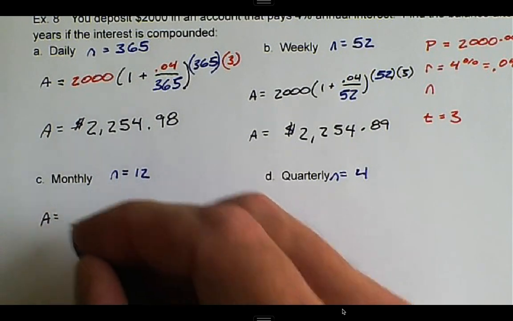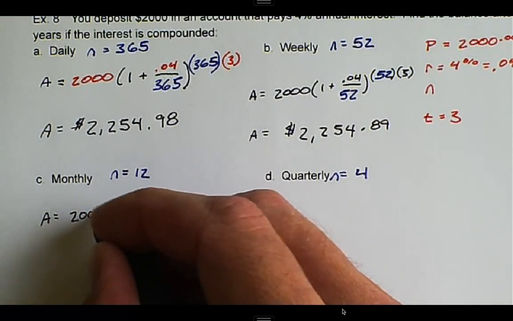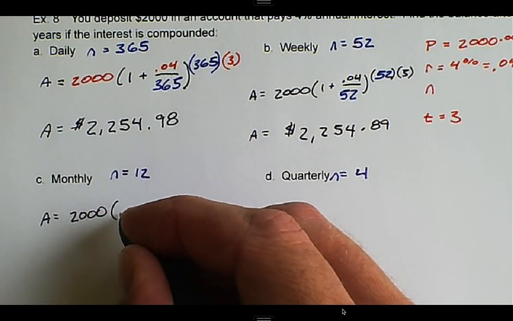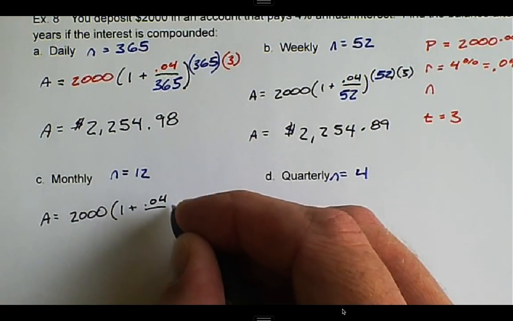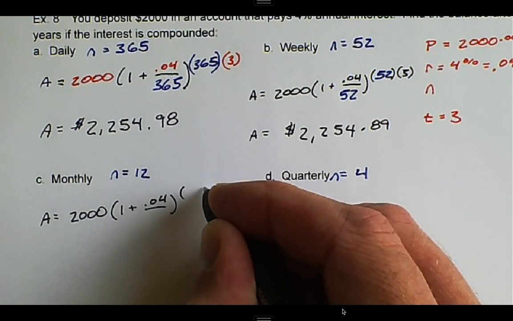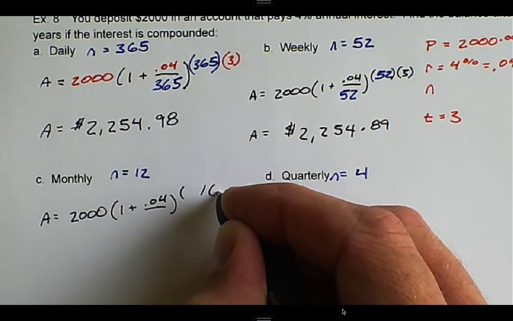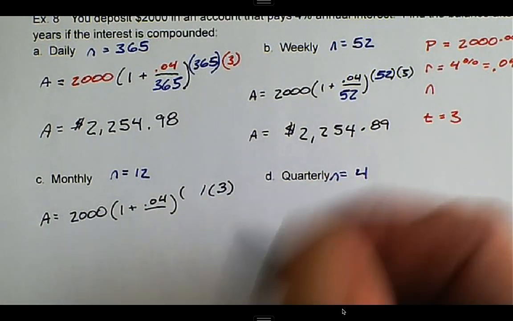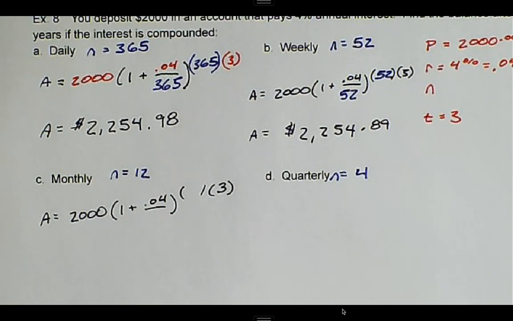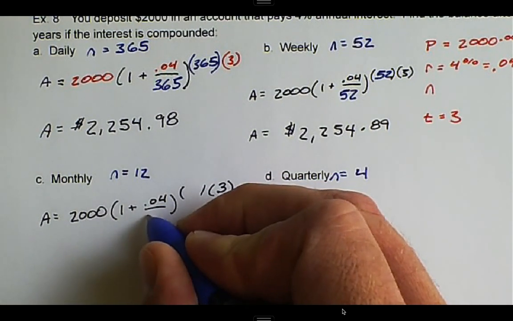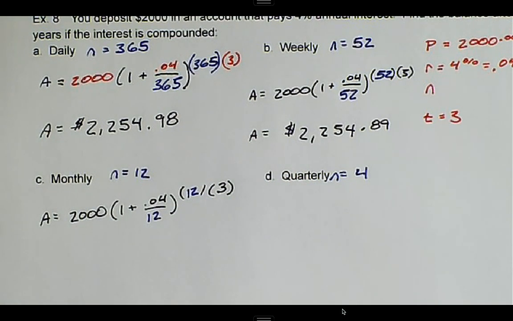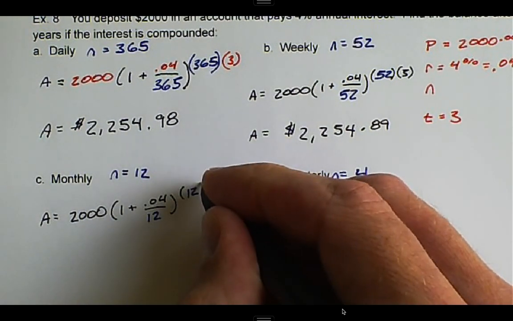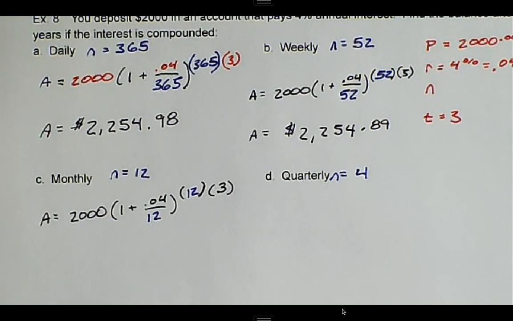So A is equal to 2,000 times 1 plus 0.04. Everything stays the same, and the only thing that changes is n. So we're dividing by 12, and the 12 goes in the exponent.